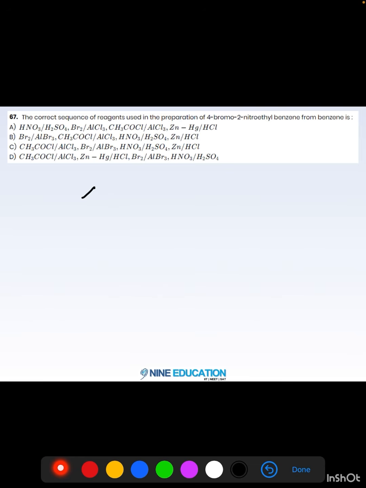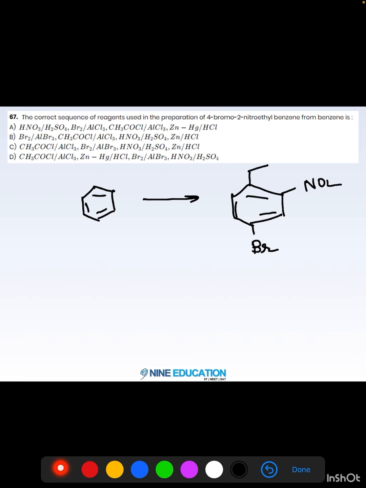We are going to start from the benzene. This is our benzene. Say we are going to prepare 4-bromo-2-nitro-ethyl benzene. This is ethyl, and at the 2 position we are going to have the nitro, at the 4 position we are going to have the bromine.